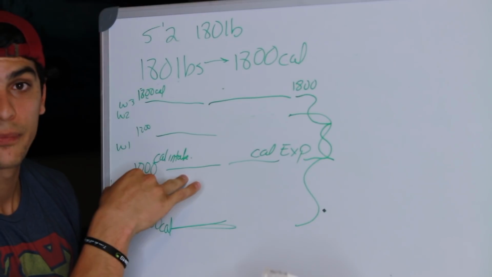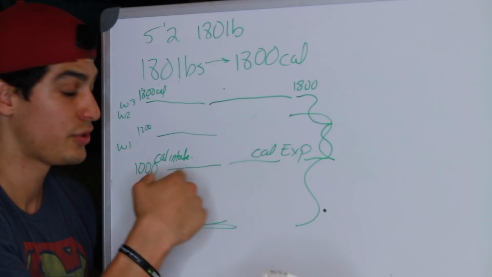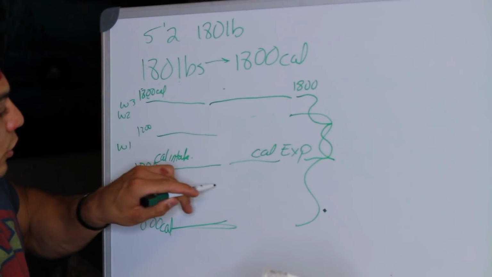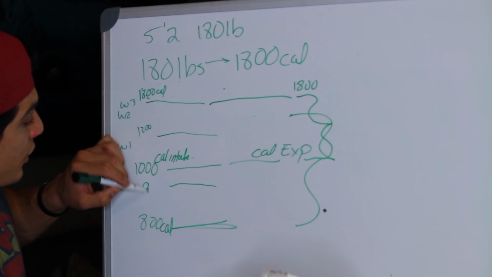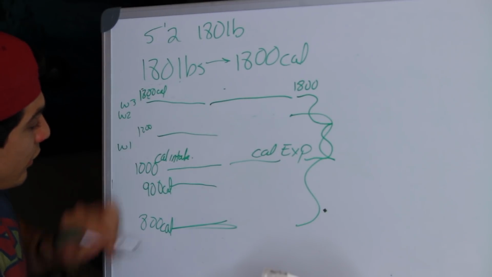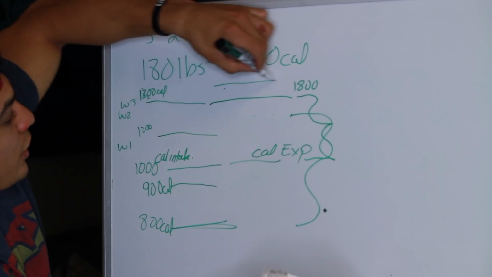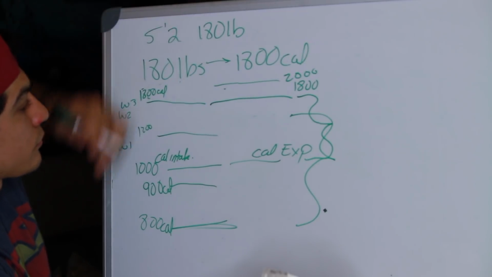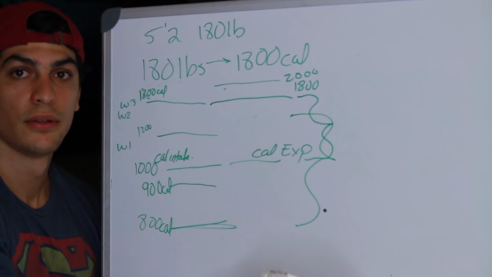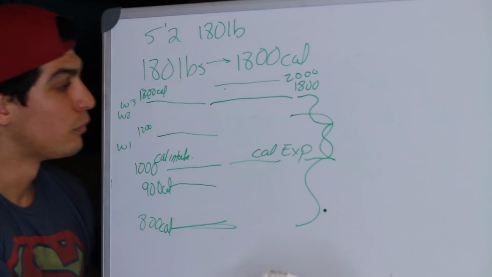Then the second step, or what I do, this is like my procedure for most of my clients, is you're going to lower your calories down to like 900 calories, and you're going to increase your expenditure to say 2,000. Right? So more results. What do we do next?